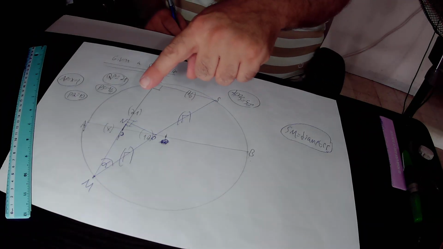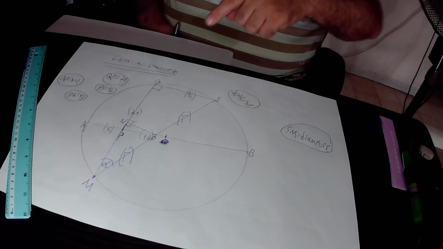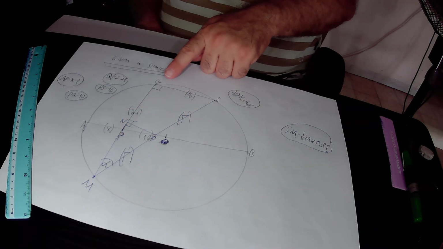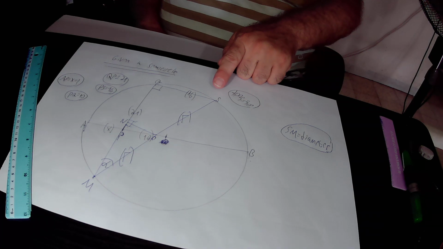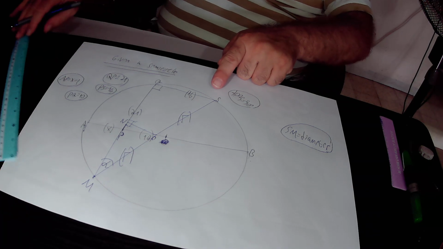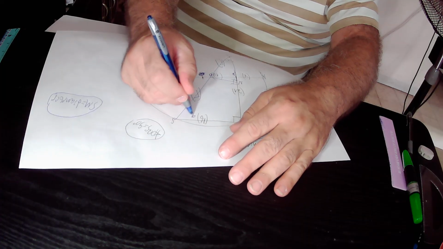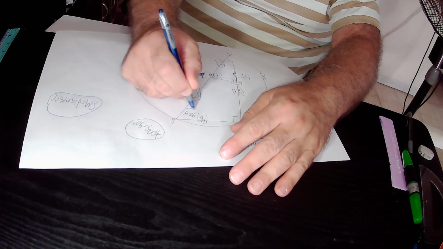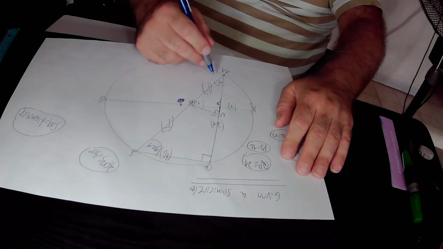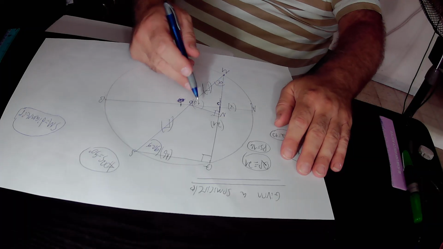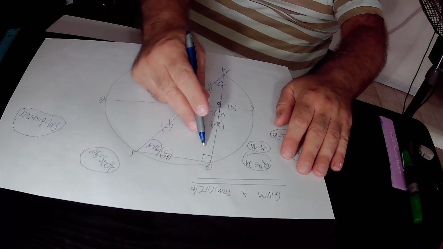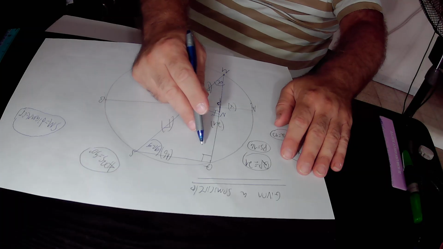In the big right triangle QSM, this angle equals alpha. This angle equals 90 degrees, and therefore this third missing angle must be equal to 90 degrees minus alpha. Why? Because 90 degrees minus alpha plus alpha is 90 degrees, and 90 degrees plus 90 degrees is equal to 180 degrees. That is the sum of the angles in any triangle.